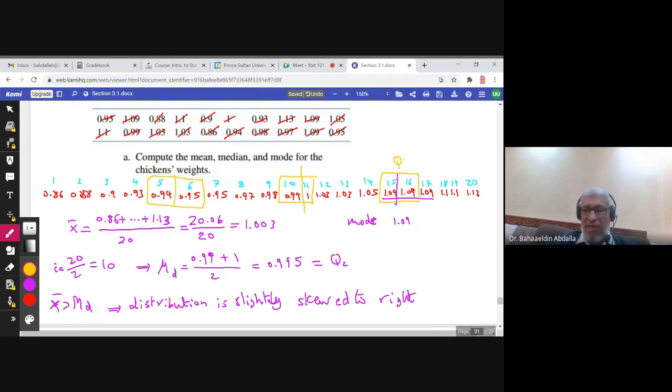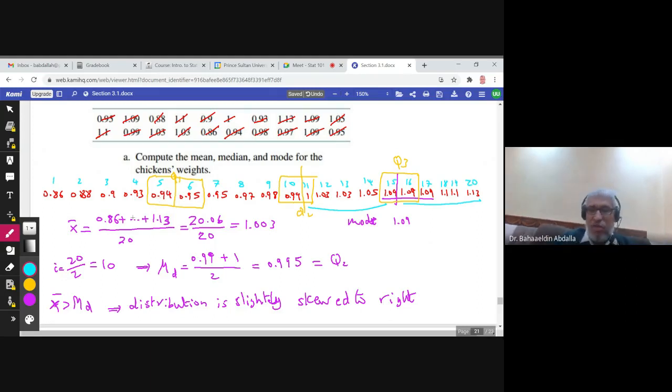Now, if you find Q3 here, Q2 here, and Q1 here, one way to check that your answer is correct and you did not make a mistake is to count how many numbers we have to the right of Q3. We have 5 numbers to the right of Q3: 1, 2, 3, 4, 5. 5 numbers between Q3 and Q2, and 5 numbers between Q1 and Q2, and 5 numbers to the left of Q1.